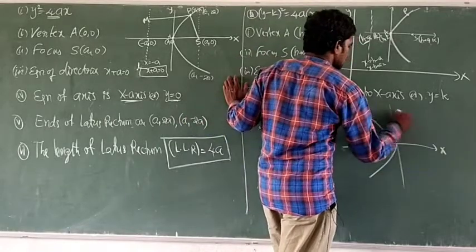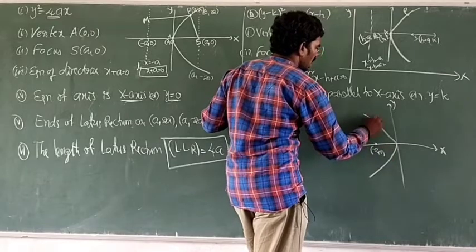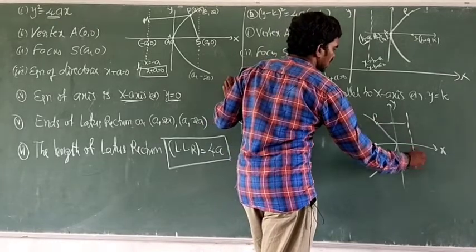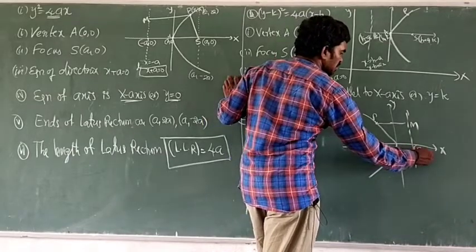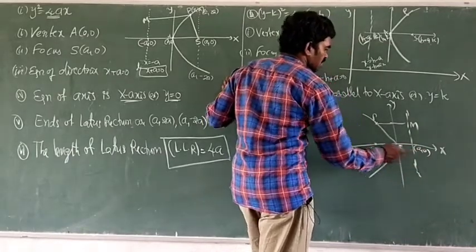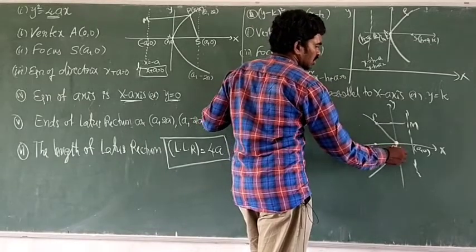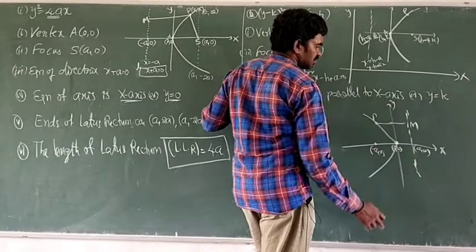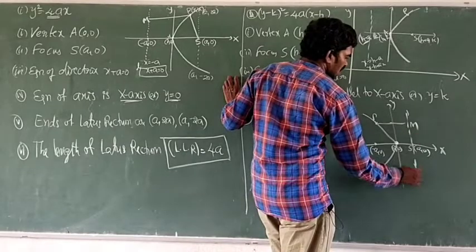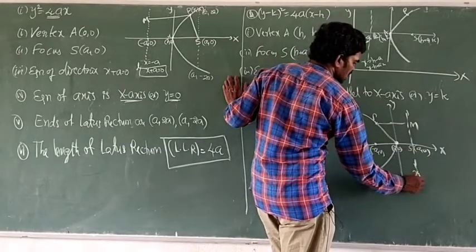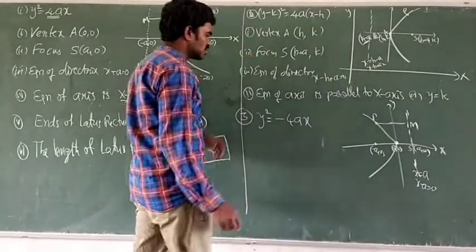Now the focus is (-a, 0), the vertex is (0, 0), and the directrix is the line M. If it is minus a, 0, it becomes plus a, 0. Here the x value is a, so the directrix line equation is x equals a, that means x minus a equals 0. So write it down step by step.